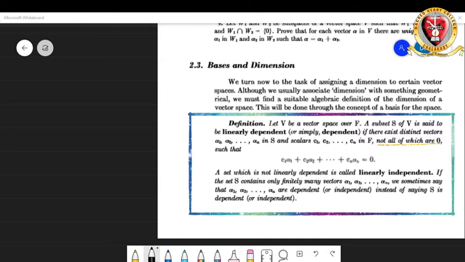Now we are moving on to one of the important concepts of vector spaces, which is nothing but basis and dimension. So in this section, we are going to define what a basis is and what a dimension is, and also some examples related to it.